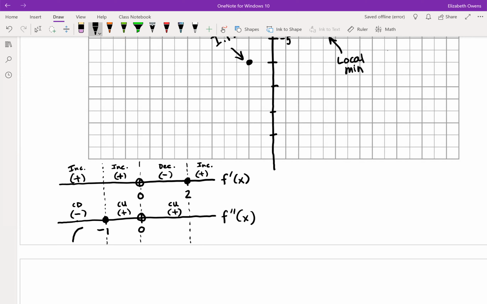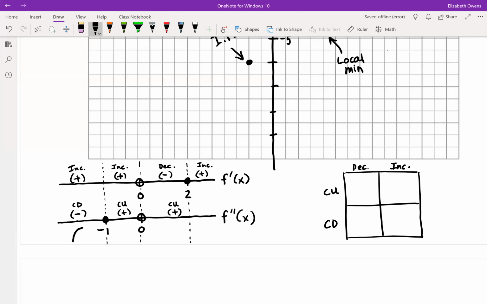Now I'm just going to recopy that table down here so that we don't have to keep going back up to the previous page every single time. Remember it's a grid of 4 squares: decreasing, increasing, concave up, concave down, and it goes like a U shape up here, and then like a V shape down here.